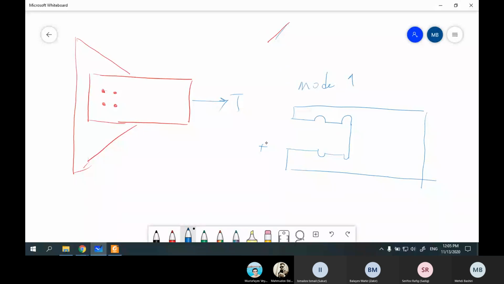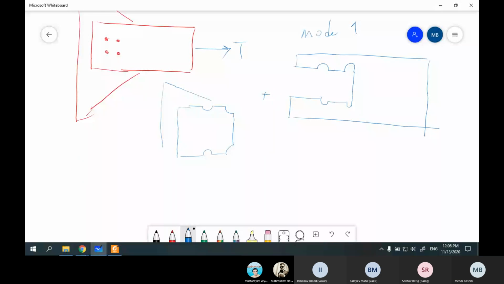In the first mode, we had something like this. Am I right? This is our gusset plate, and this is our member, our plate.